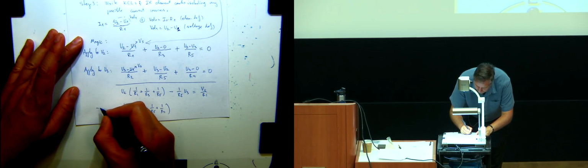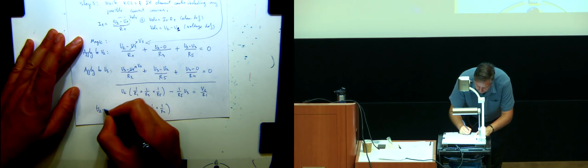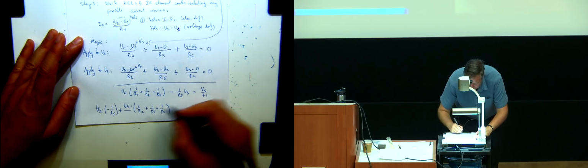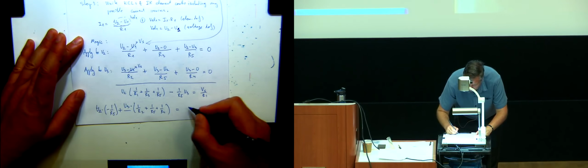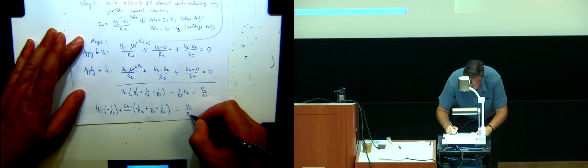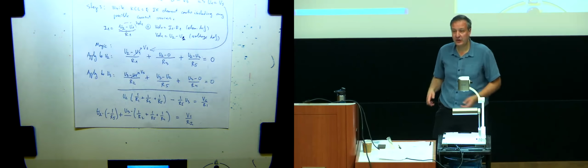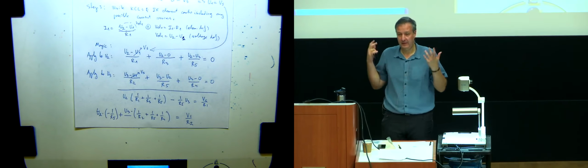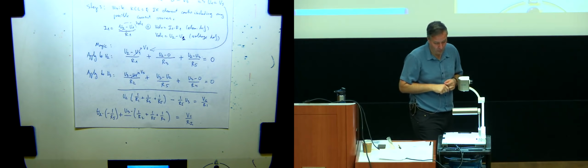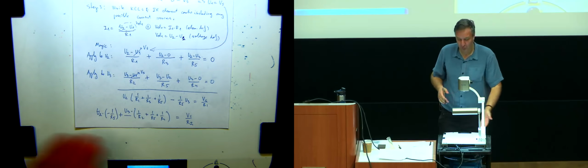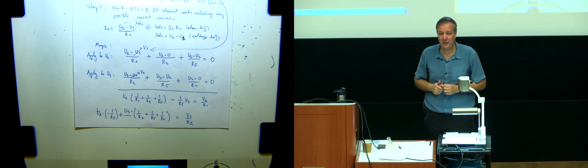So U2 times minus 1 over R5 plus this equals Vs over R2. Okay? This is just a 2x2 matrix, and I solve it for U2 and U3. Or I can just do substitution, whatever is your favorite method.